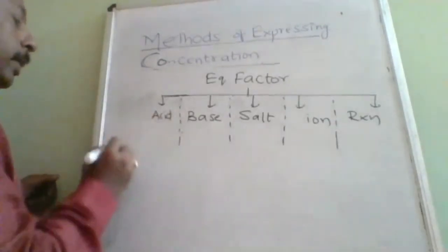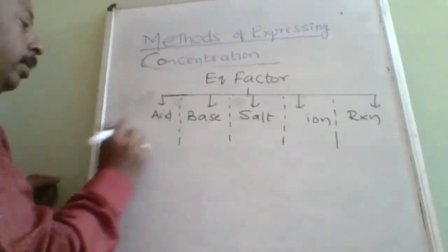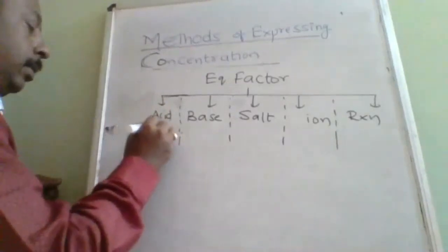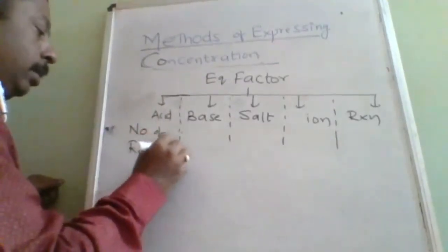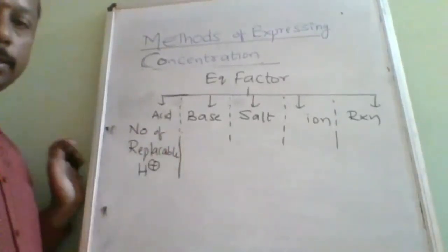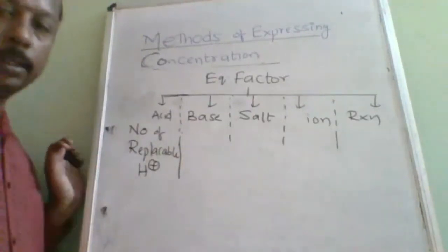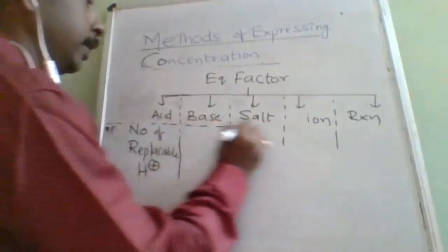Okay. So first acid. For acid, equivalent factor is the number of replaceable H plus. Okay. What is that meaning? What confusion? It is also called the basicity of acid. Okay.